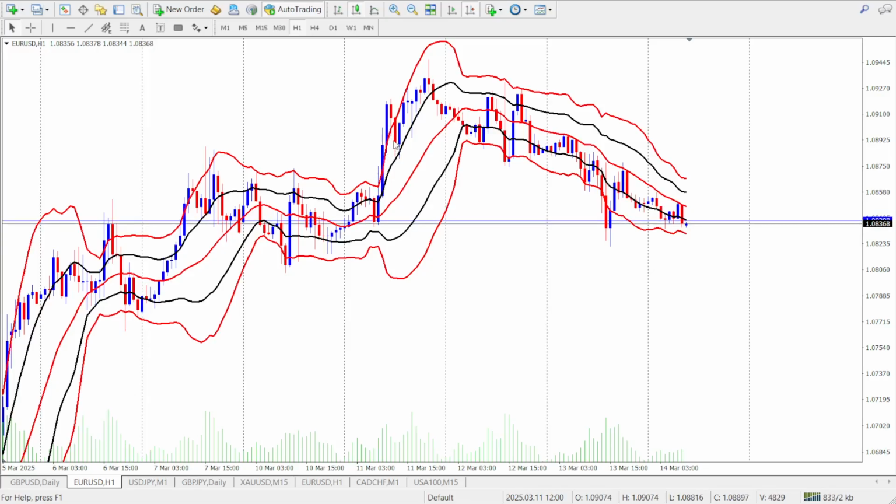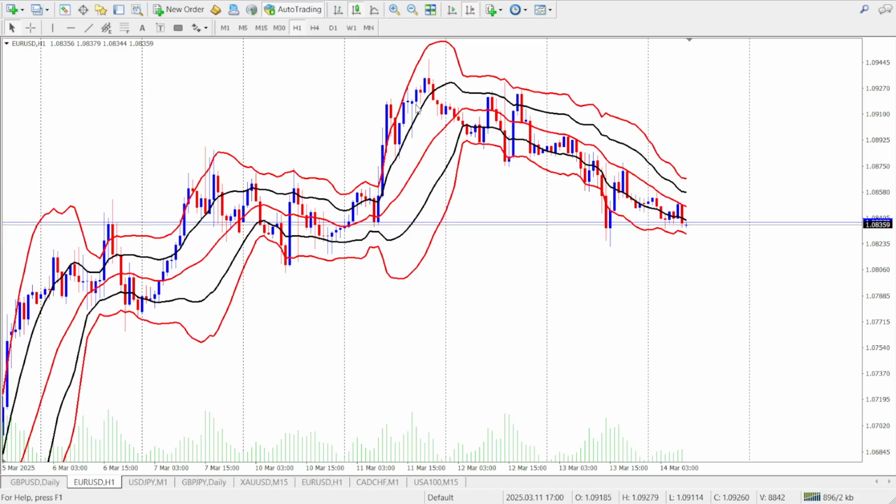If price stays below the lower 1 standard deviation band, it signals there is strong bearish momentum. So avoid taking trades against these zones since they indicate sustained trends. When price is within the strong bearish zone, avoid buy trades. When price is within the strong bullish zone, avoid sell trades.